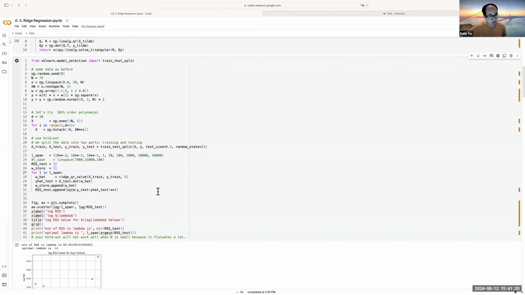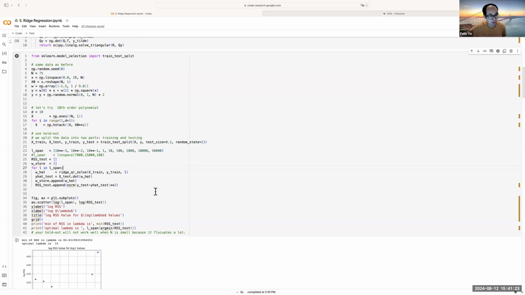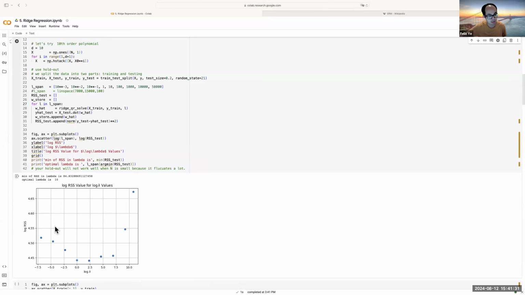Then we plot them out, and we only plot the testing RSS. If we do that, we find this is the value here. You can see here we're just plotting the logarithm of lambda, just to ensure everything has the right scale.